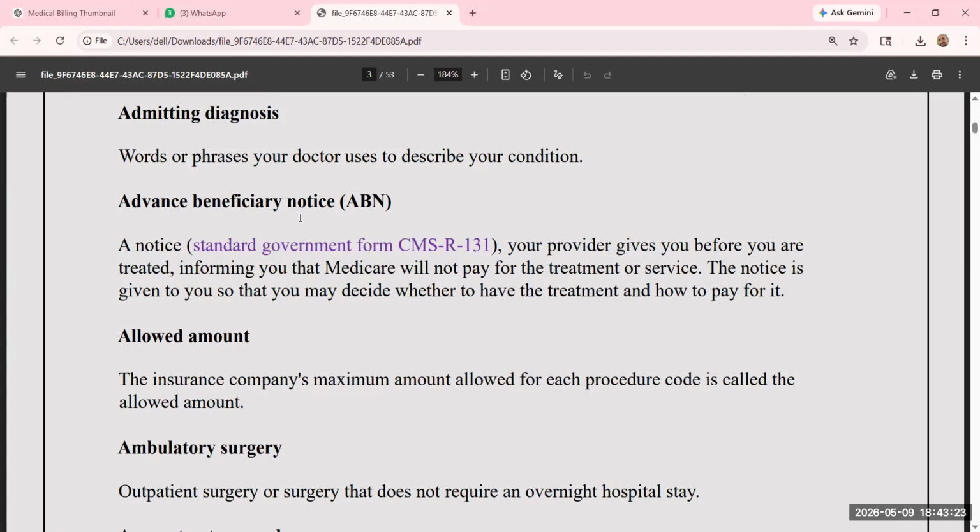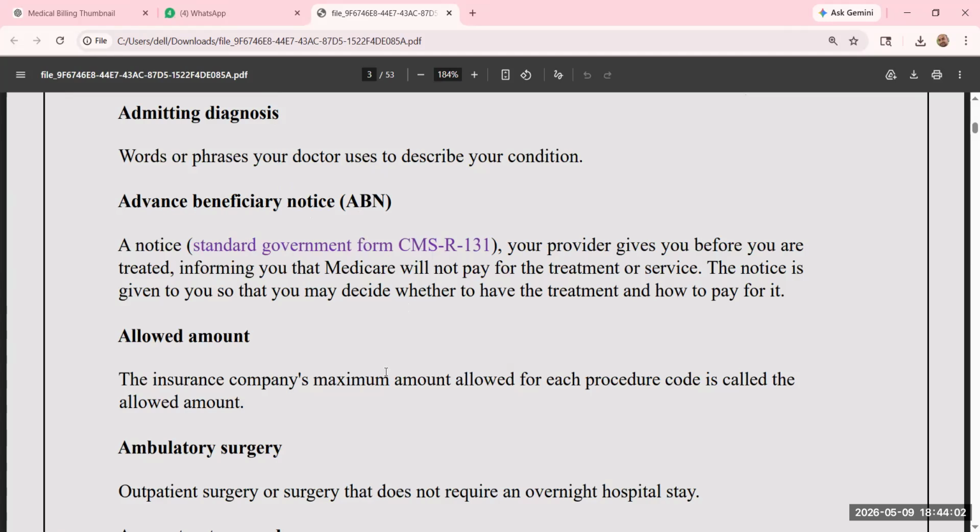So the Advance Beneficiary Notice is the term and condition the provider gives the patient: this service, procedure, or operation is not covered by insurance or Medicare will not pay, so it is your responsibility. If insurance will not pay, then the patient will pay for the services. In technical terms we call it the Advance Beneficiary Notice, ABN, also called CMS-R131.